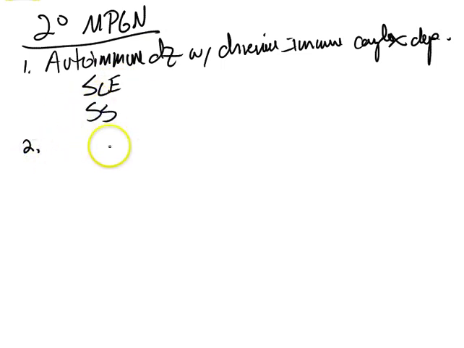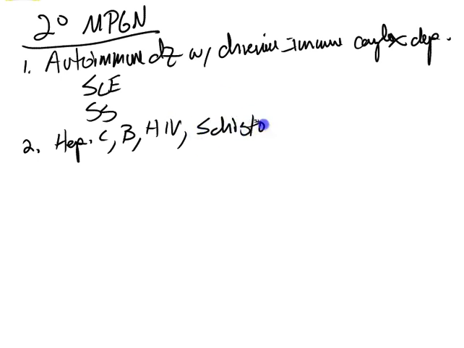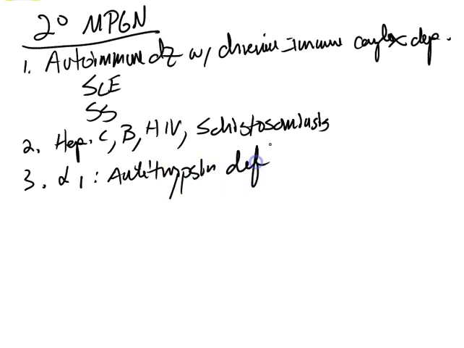So number 2, infection, for example, same things before, like Hep C, Hep B, HIV, schistosomiasis. What do you think of? Bladder cancer. About number 3, alpha-1 antitrypsin deficiency. That's a good one right there. That could definitely hit you on that one. And then malignancy, again, CLL, and lymphoma.